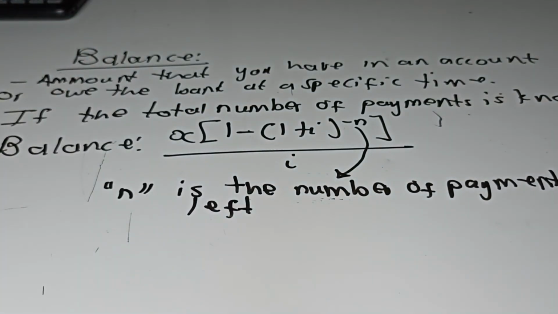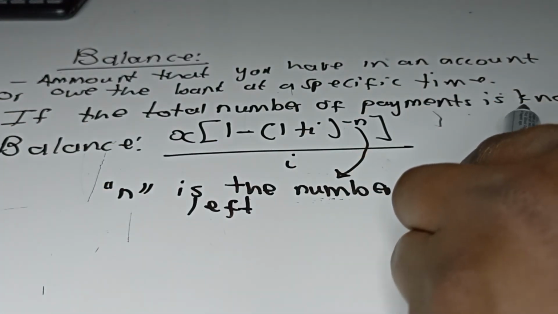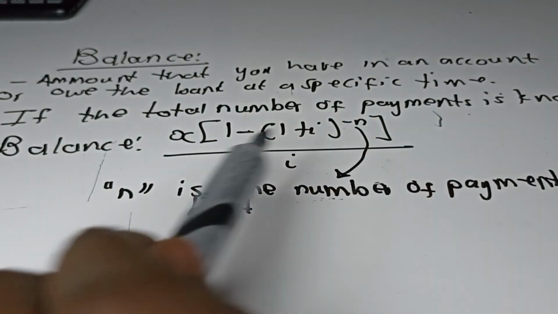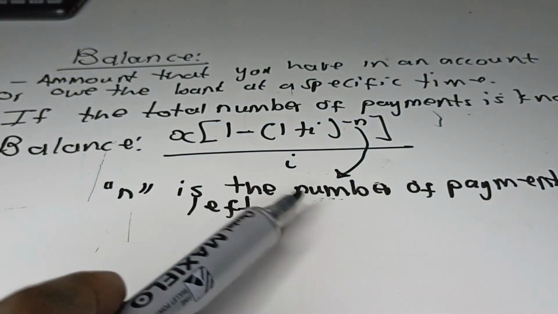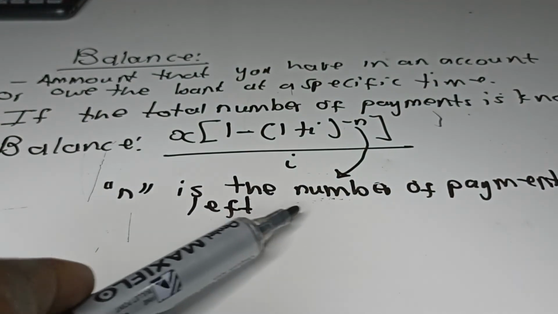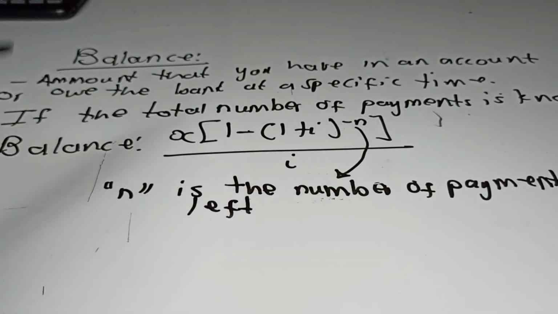If you do have the number of payments left, you can use this formula to calculate the balance. That's why I indicated when I started, if the total number of payments is known, this is the right formula for you to use, because you're just going to substitute your value of n. Keep in mind that this n is the number of payments left.